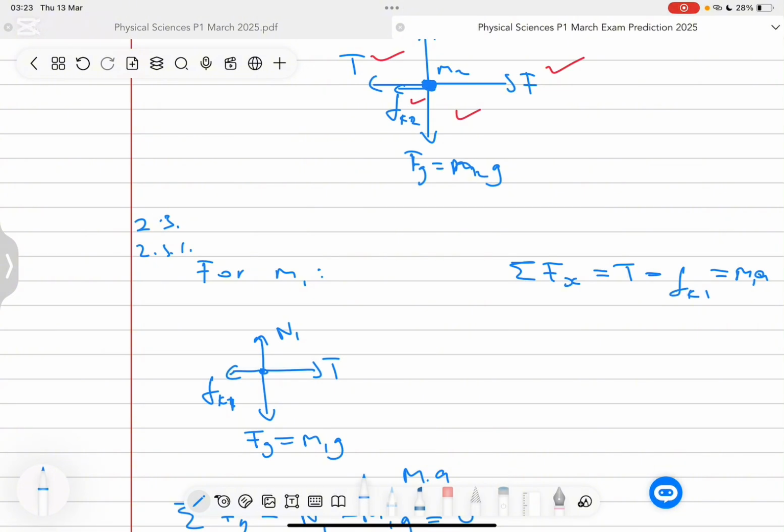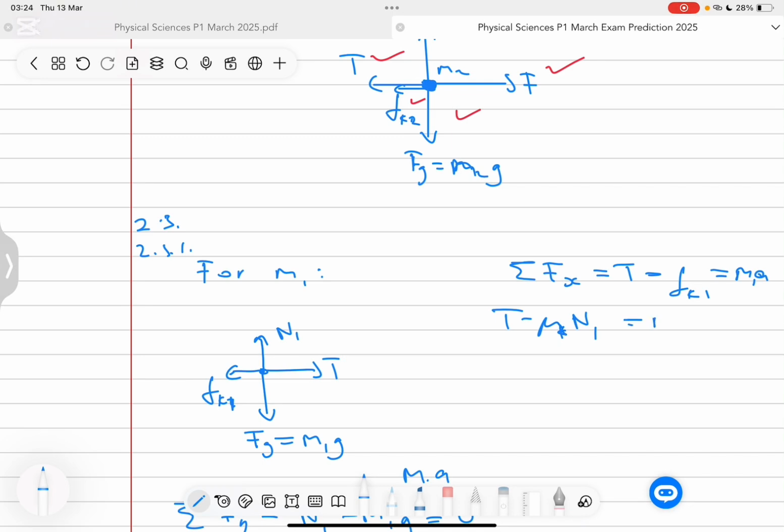Now to solve this, I am going to change my friction to its formula, which says mu k times normal force. So this means here I'm going to have T minus the mu k times normal force of 1. Remember, the coefficient of friction is the same. That's why I'm just writing mu k here.